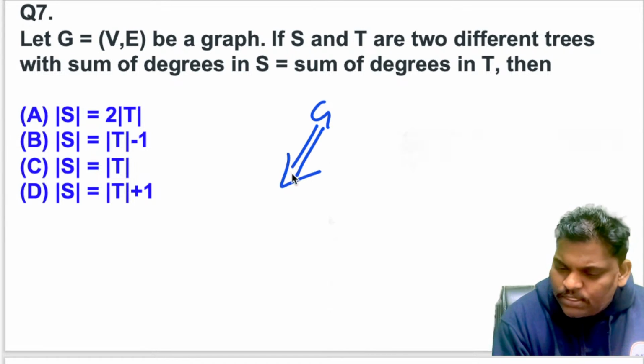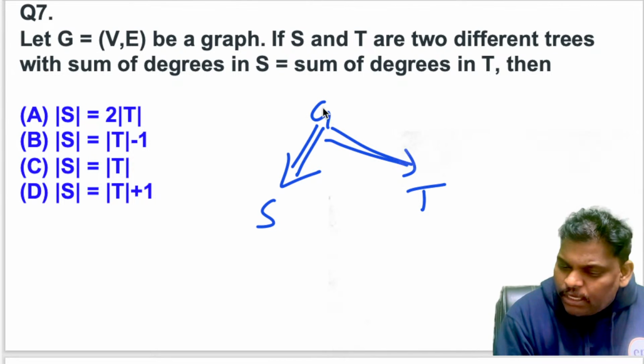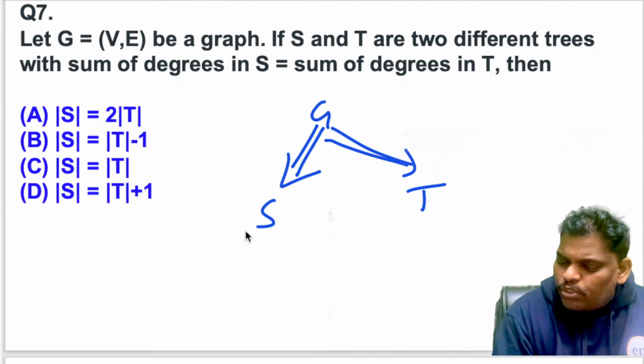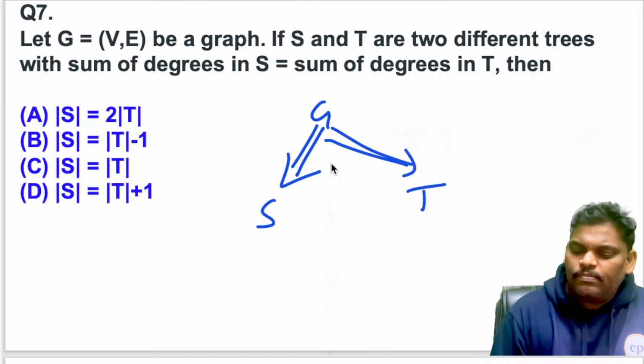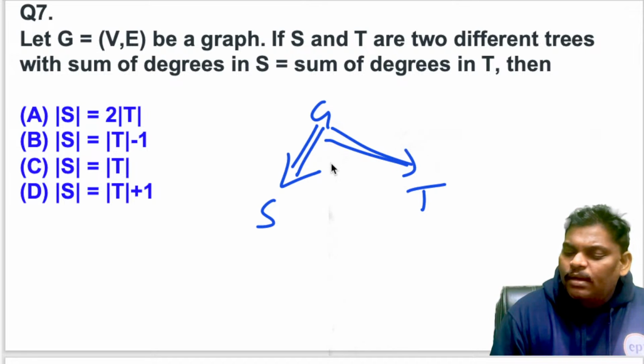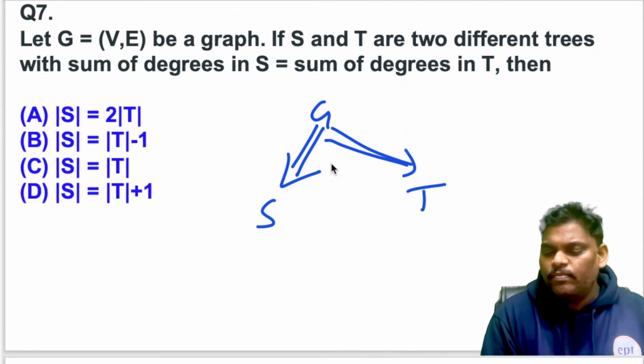He took two trees. One tree is S and one more tree is T. From the given graph G, he took one subgraph which is a tree S, and one more subgraph T. S and T are subgraphs and they are trees also.